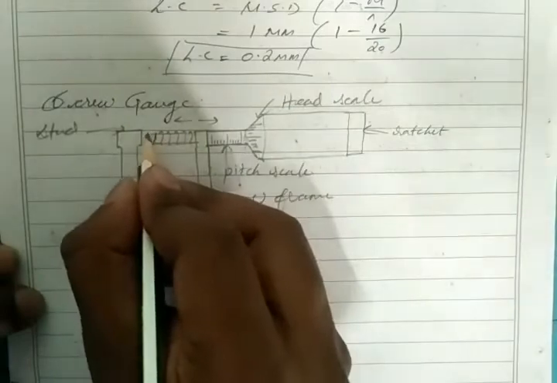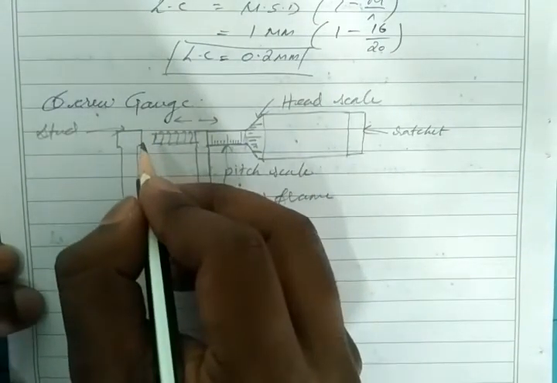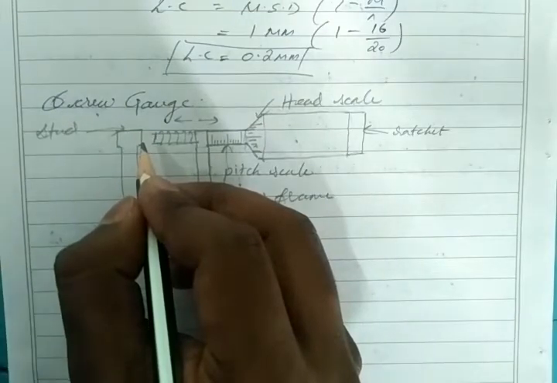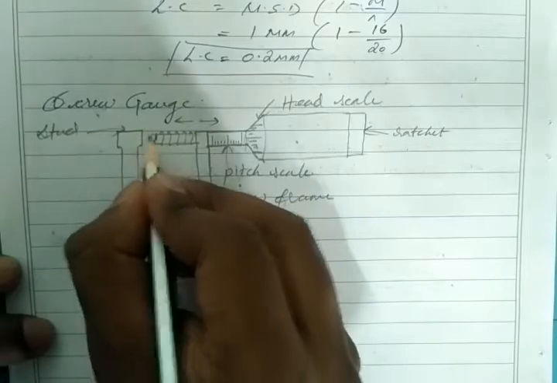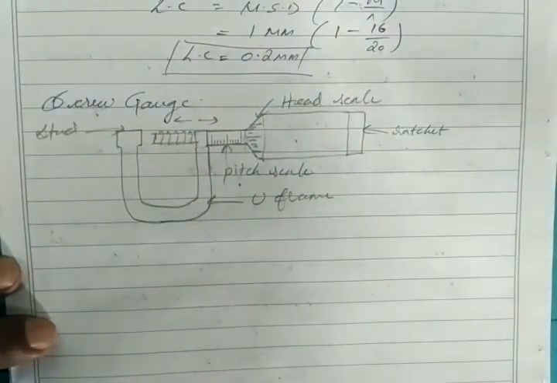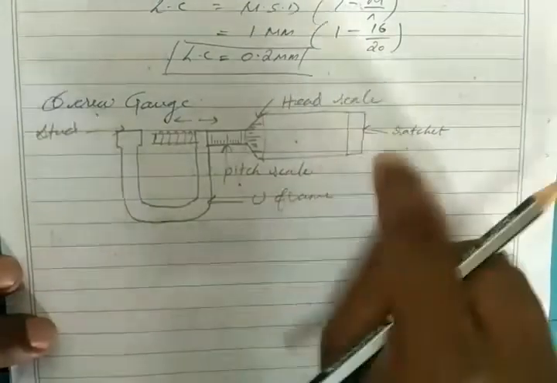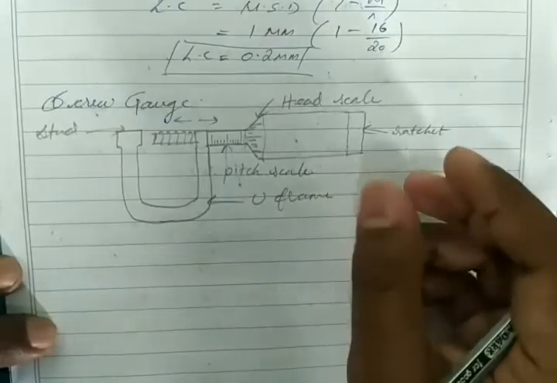In between the jaws of the stud and screw, we place the object whose diameter we want to measure. Here is the ratchet, a small attachment.